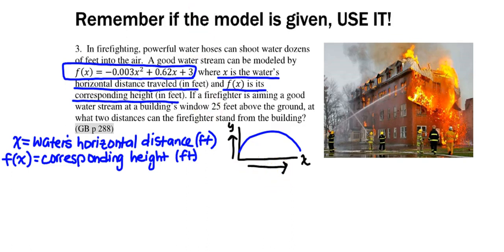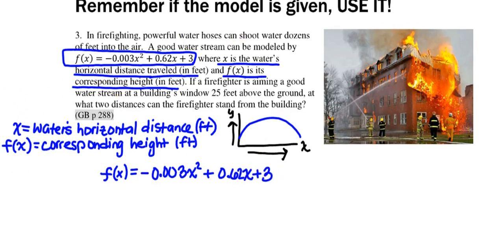And it gives me this model. So let me write the model it gives me. F of X equals negative 0.003 x squared plus 0.62x plus 3.